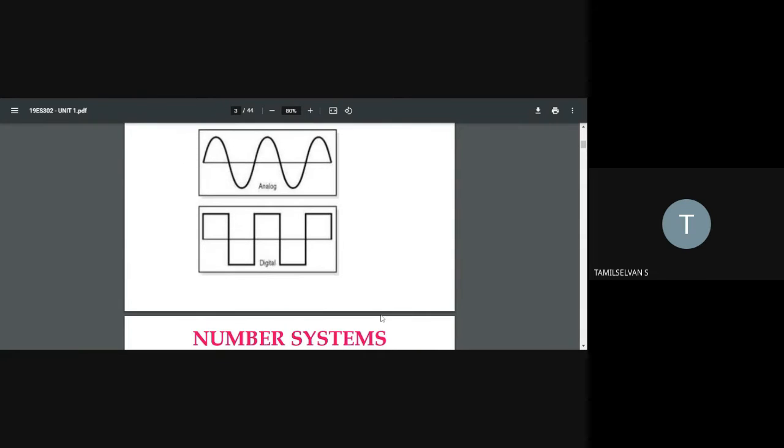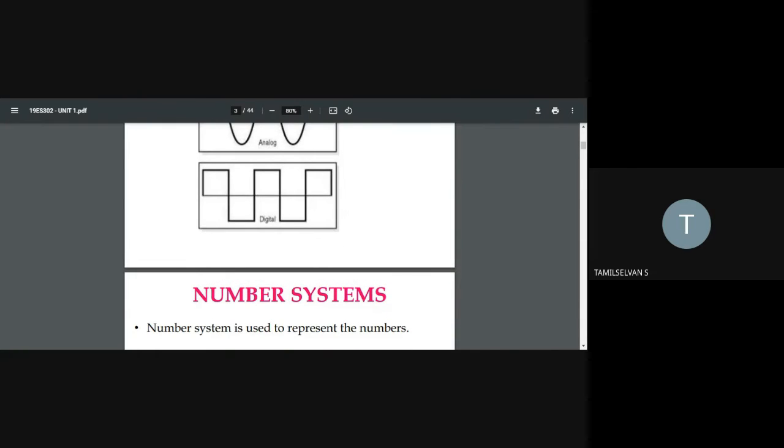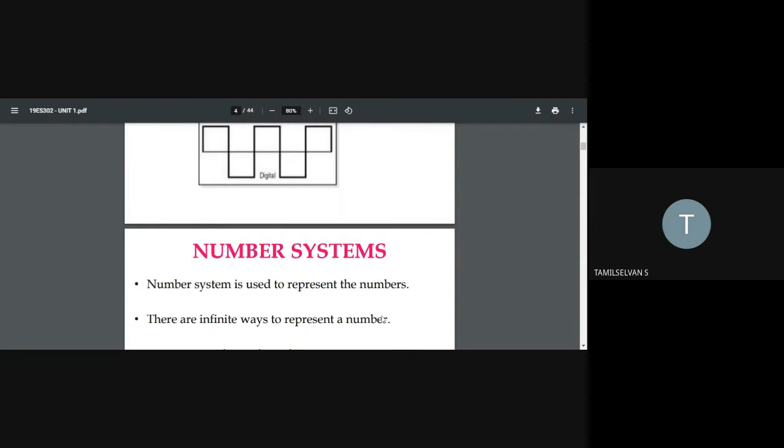In the digital electronics subject, the most important thing is the number system, because the number system is used to represent numbers.